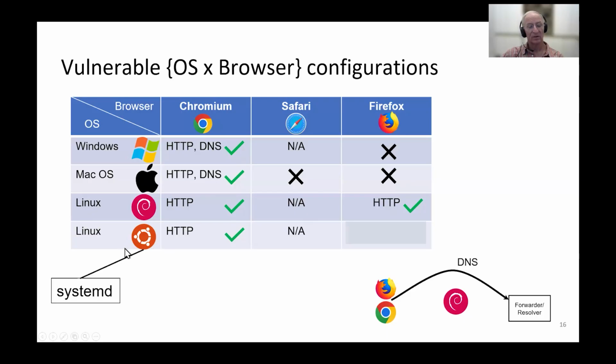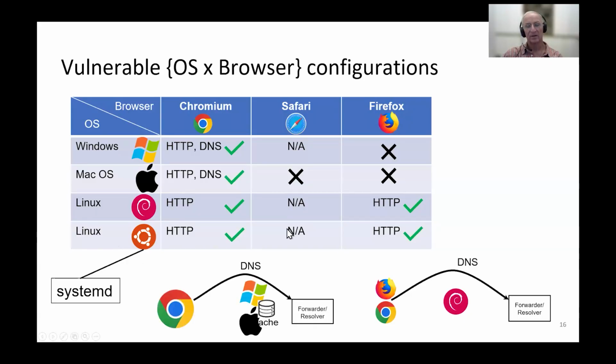And on Ubuntu, we use the attack on systemd. We know how to measure the responses of systemd, and we can mount our attack on Firefox on the Ubuntu operating system. So this is summarizing the different configurations and the possible ways to attack them.